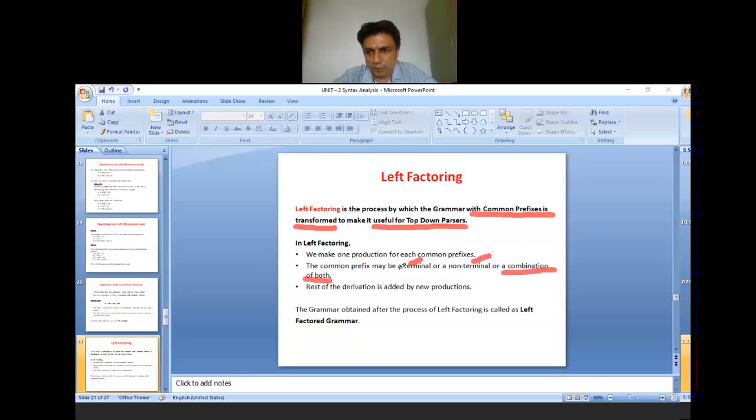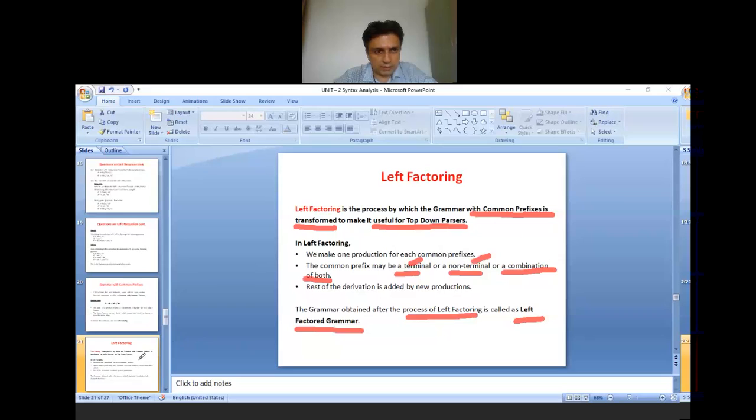This is a very important point. The rest of the derivation is added by new productions. The grammar obtained after left factoring is called left factored grammar, and it is suitable for top-down parsers.